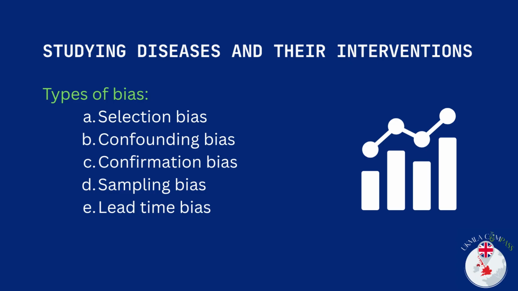In lead time bias, I'm usually testing some screening method. Let's say that people who are diagnosed with aortic stenosis have a life expectancy of 5 years. I have established a new screening method in which I can diagnose aortic stenosis as much as 10 years before this patient dies.